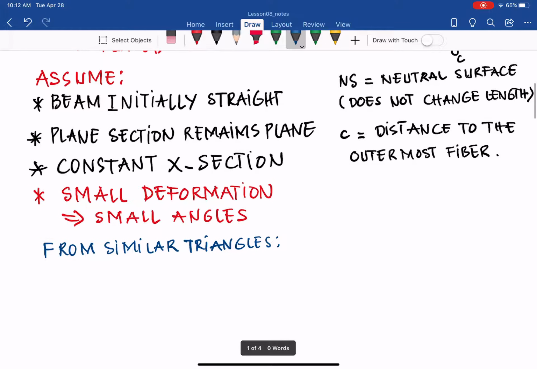With that said, I can write down here delta y over y equal to delta c, the displacement or deformation at the outermost fiber, over the distance from the neutral axis to the outermost fiber.